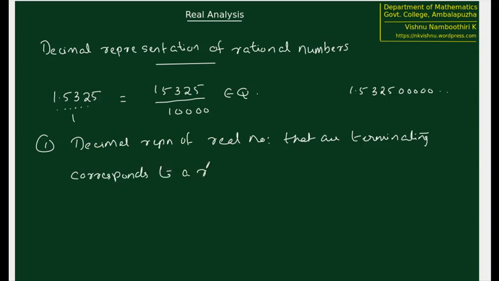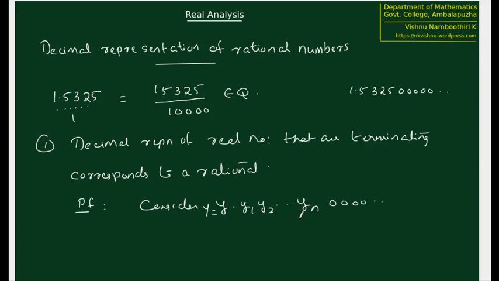This is a very quick observation, because this can be proved also very quickly. Suppose that we consider the number y.y1, y2, etc. up to some yn, and this is terminating, and after that just 0, 0, 0, etc. And suppose we call this capital Y. Then there are n digits after the decimal point.